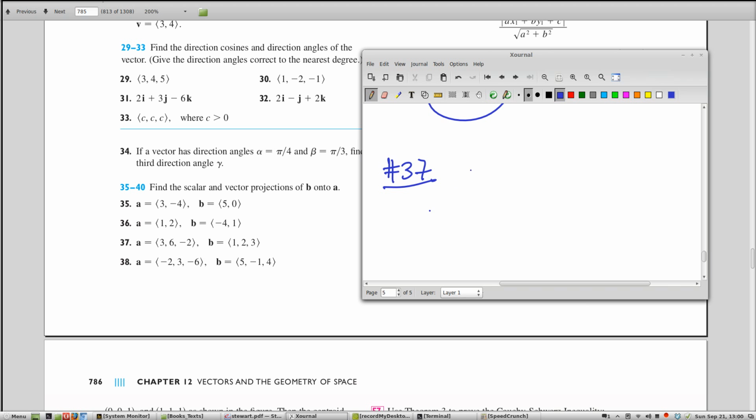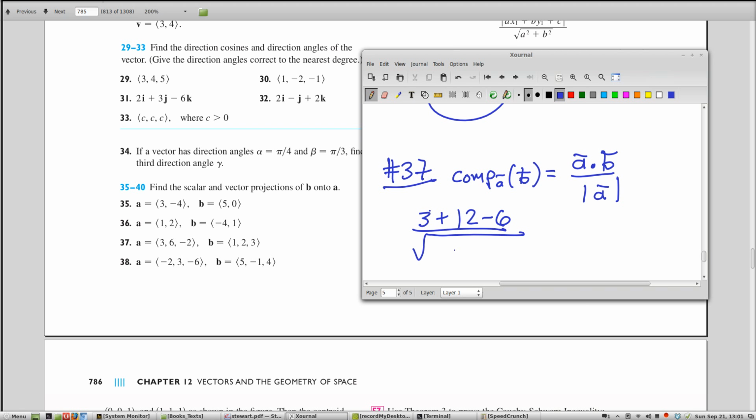So let's just use the formula. The scalar projection onto the A component of the vector B is that formula that we just derived, A dot B over the magnitude of A, and so that is 3 times 1 is 3, plus 12 minus 6 over the magnitude of A, which is the square root of 9 plus 36 plus 4, which is 7.